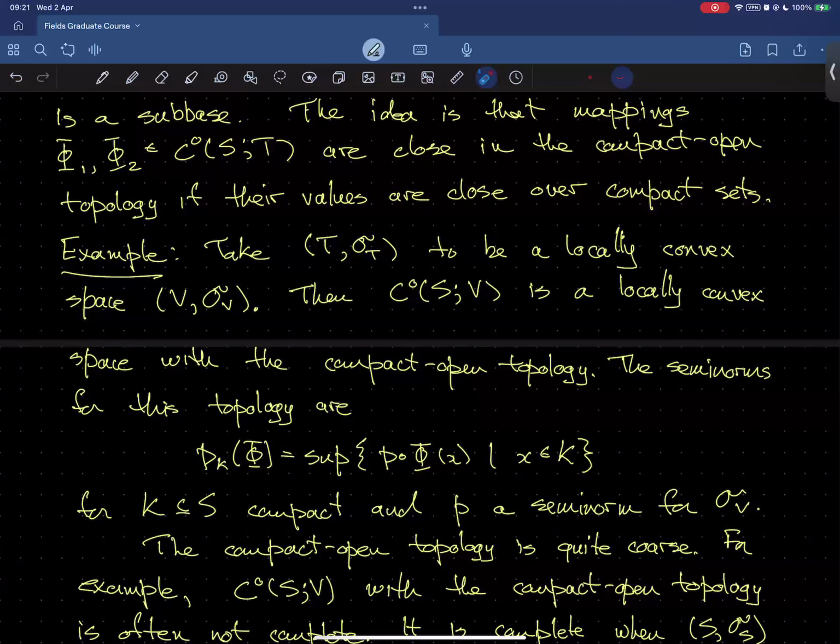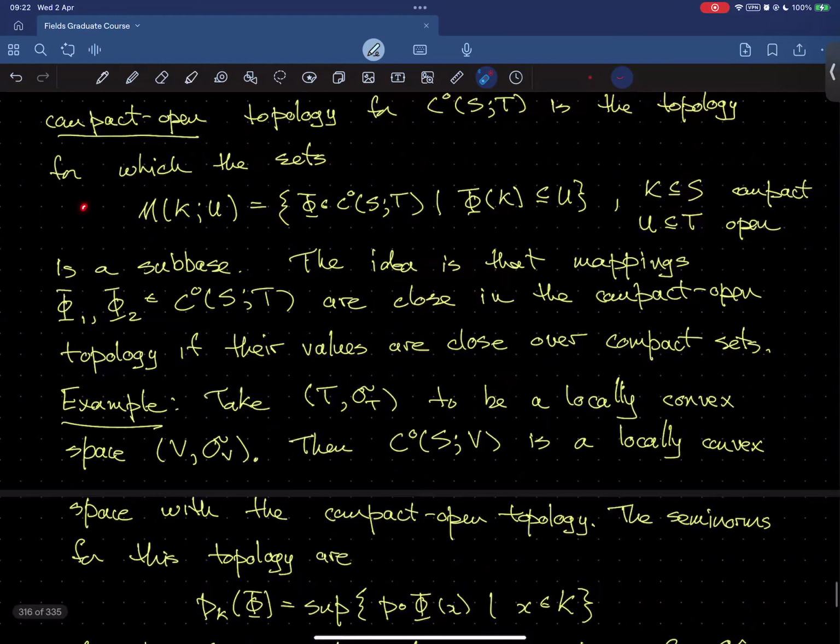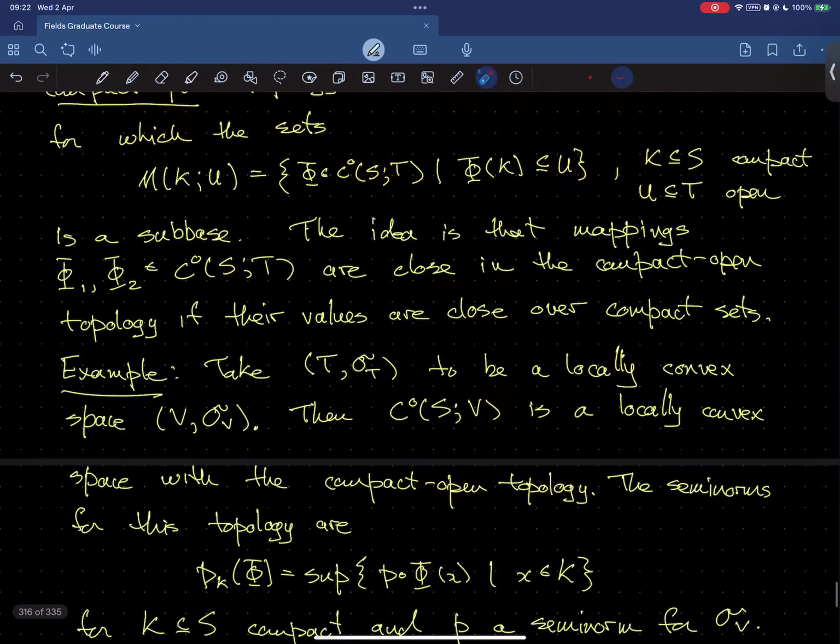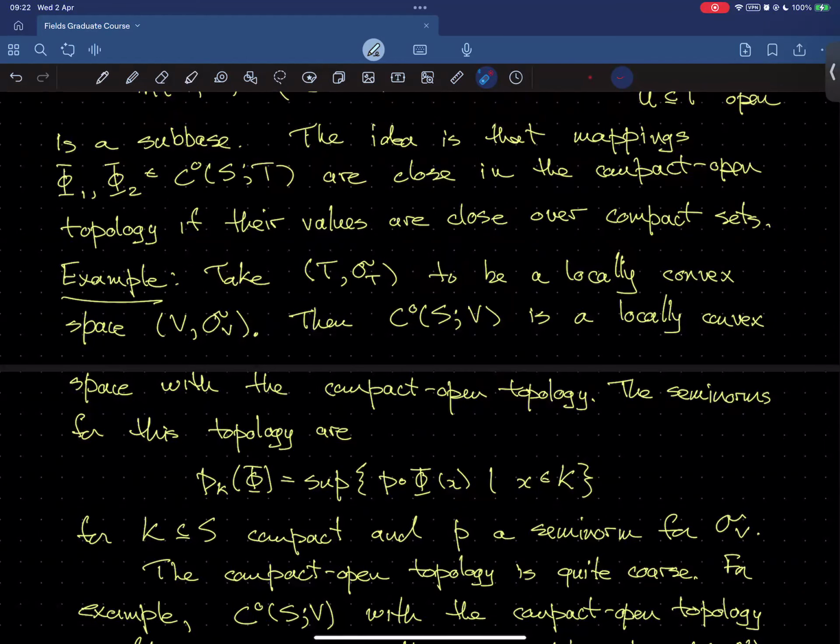I'm going to consider the set of continuous mappings from S into a locally convex space V. Now, the compact open topology for this space is easy to characterize. Its definition is that, but it has an equivalent easy characterization. First thing you notice is that this space is a vector space. That goes back to your first homework assignment.